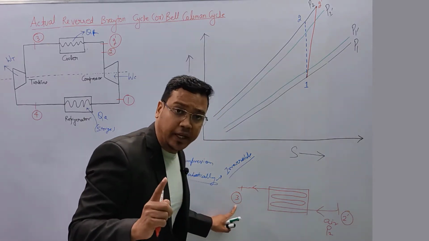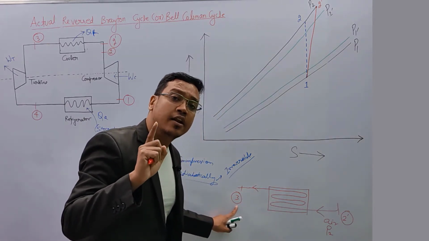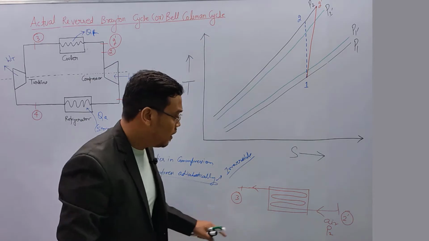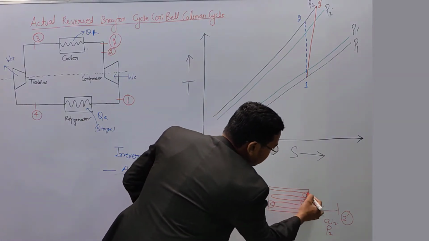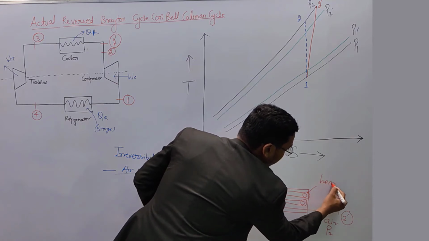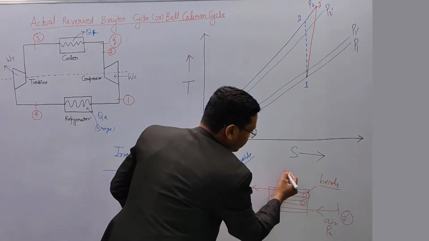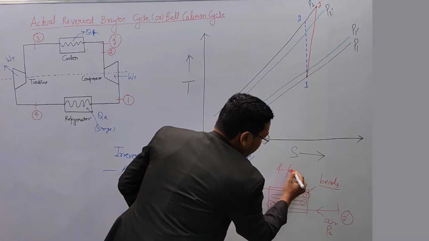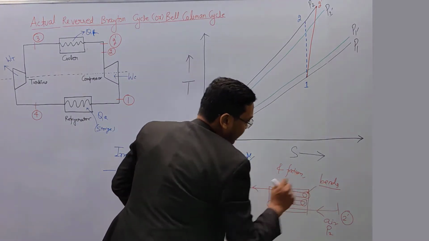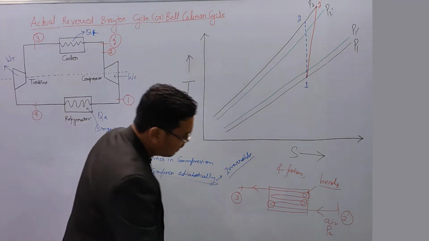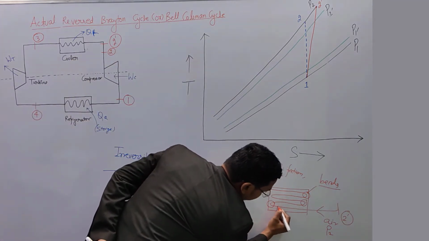At constant pressure, if it is an ideal reverse Brayton cycle, but because of bends and friction, friction will occur in the pipe.